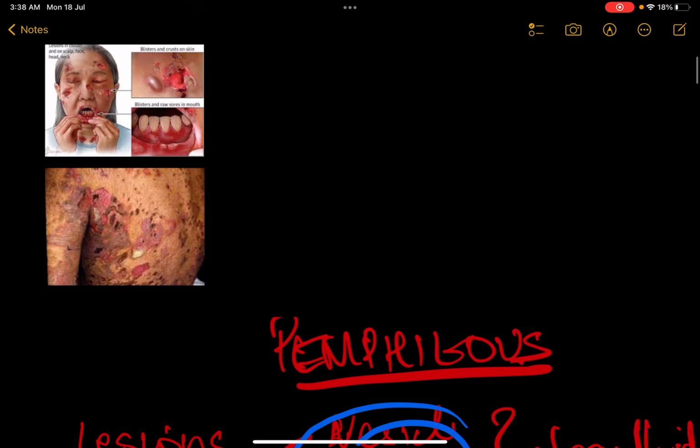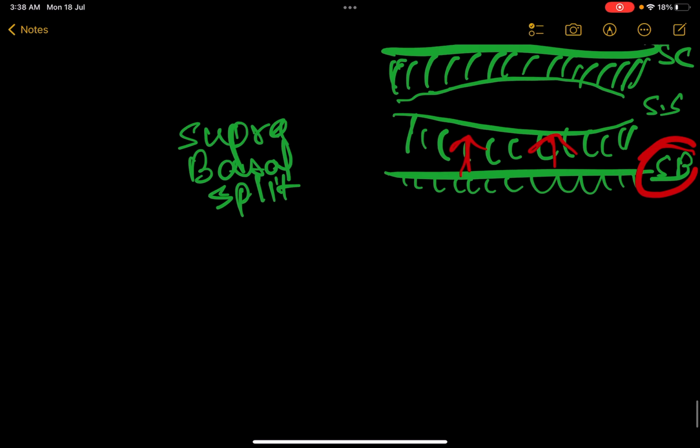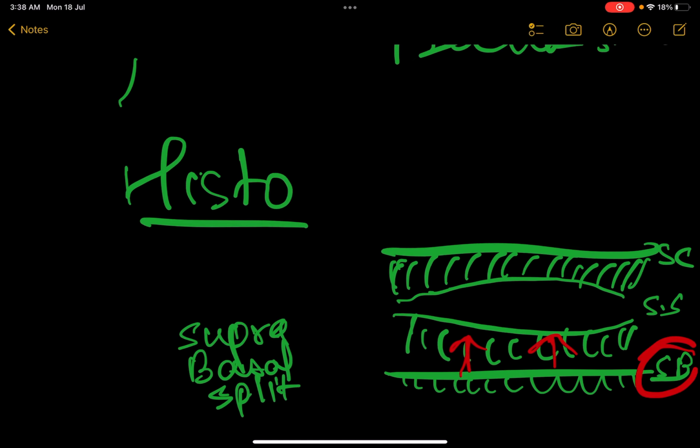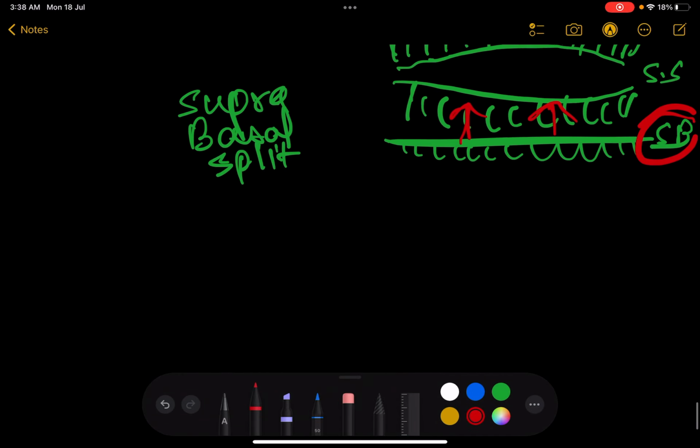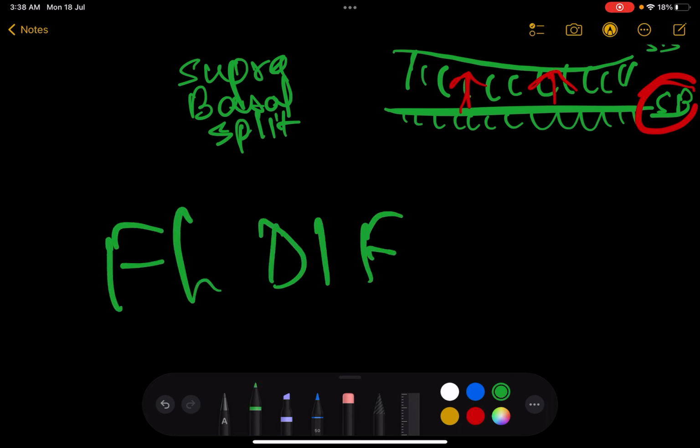Coming to the third way of diagnosing it, that was fluorescence, or direct immunofluorescence, DIF.